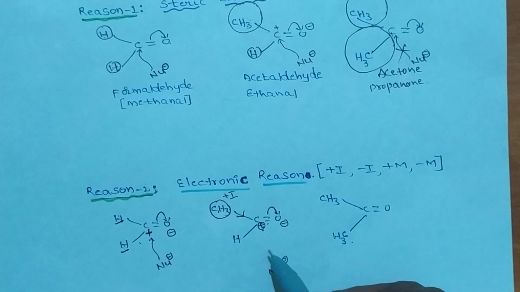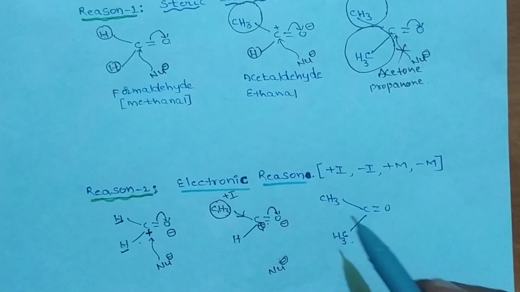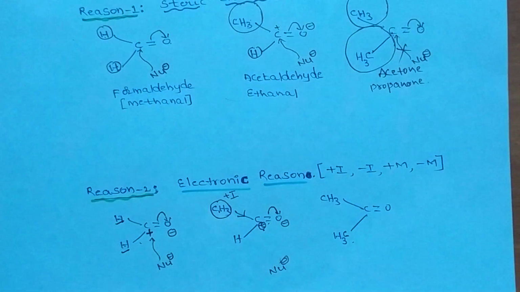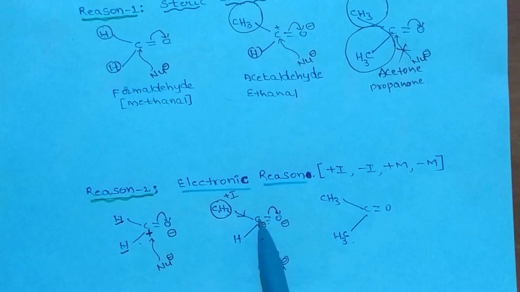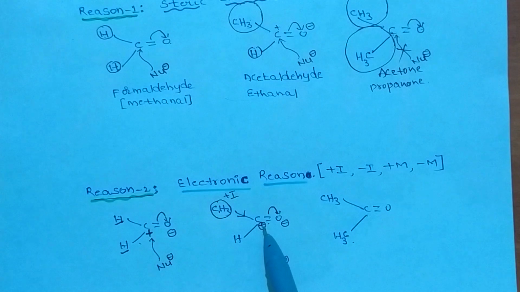Whenever the positive charge decreases, the attacking of the nucleophile is difficult, because the nucleophile always needs an electron deficient center. The more the deficiency, that means the more the positive charge on this carbonyl carbon, the easier the attacking of the nucleophile.